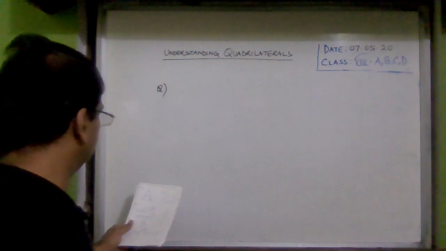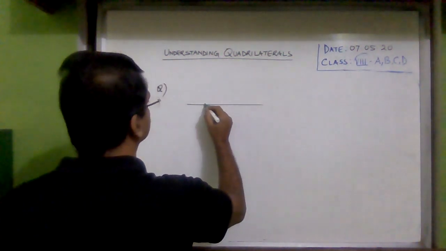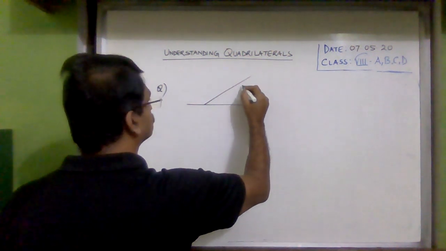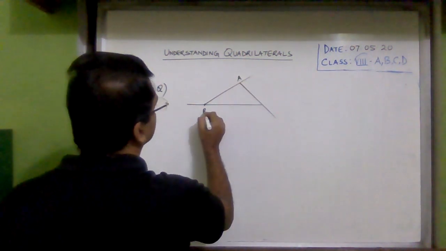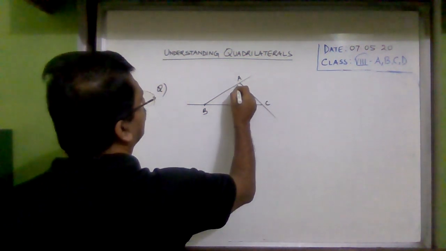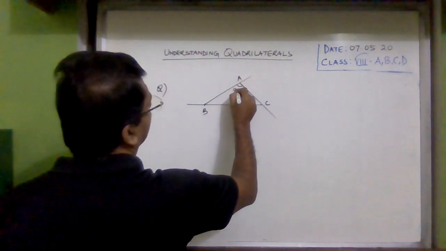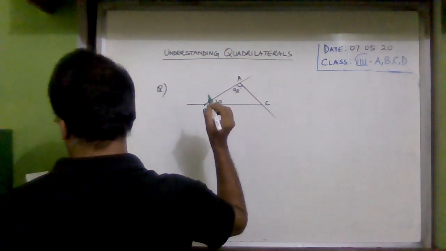In the next question, there is a triangle, say ABC. This angle they have given 90 degrees. This angle is given 30 degrees.